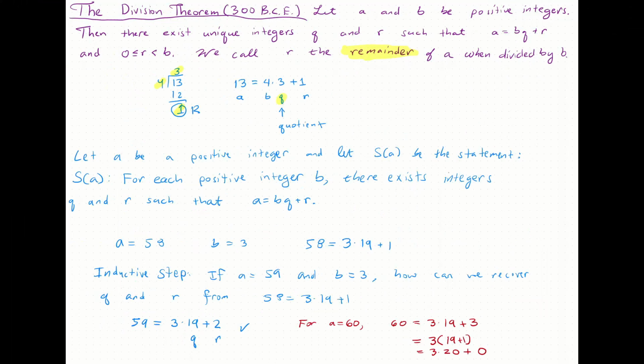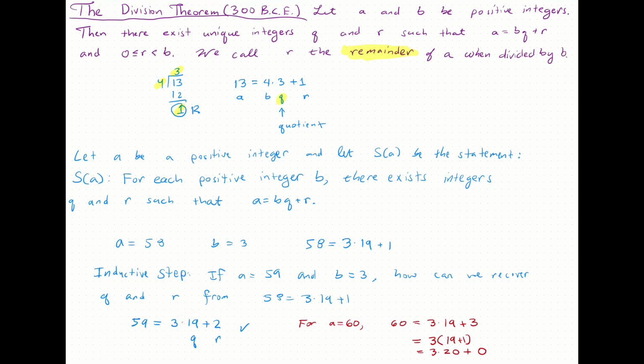And now let's revisit our motivating example from the end of our last lesson. If we started off with A was 58, B was equal to 3, then to get to A plus 1, that is 59, we add 1 to both sides as we just did, and what we end up getting is 3 times 19 plus 2. And so now we can take 2 to be our remainder, and our Q remains the same.